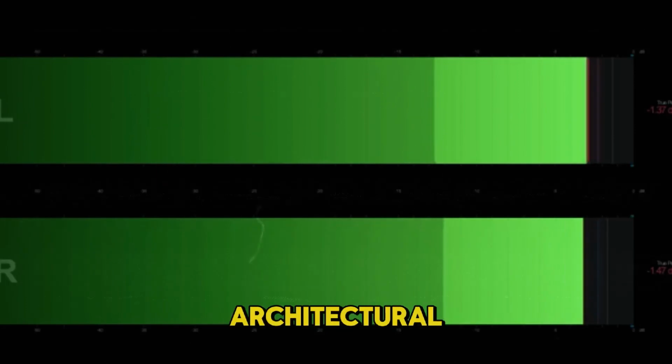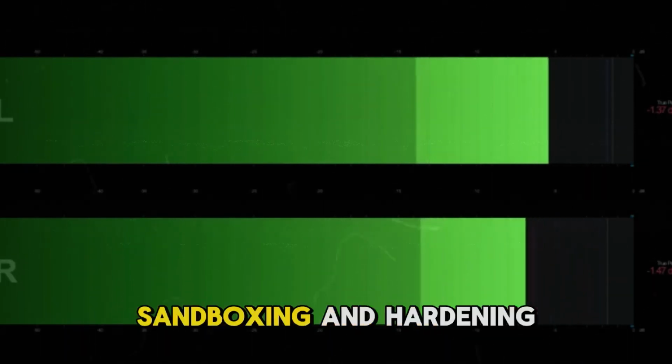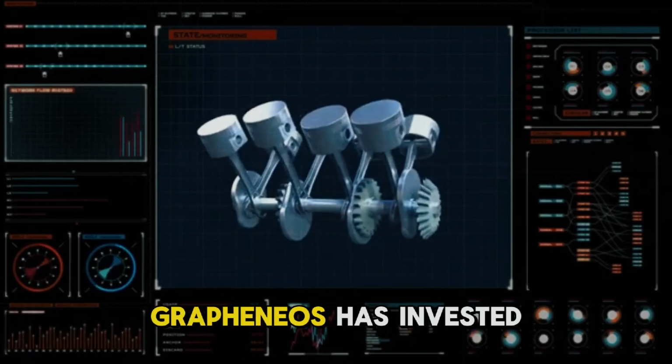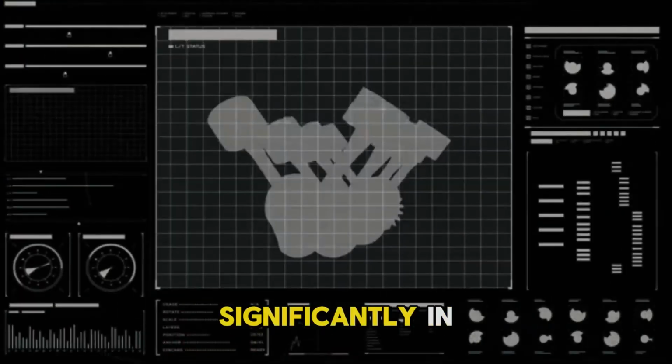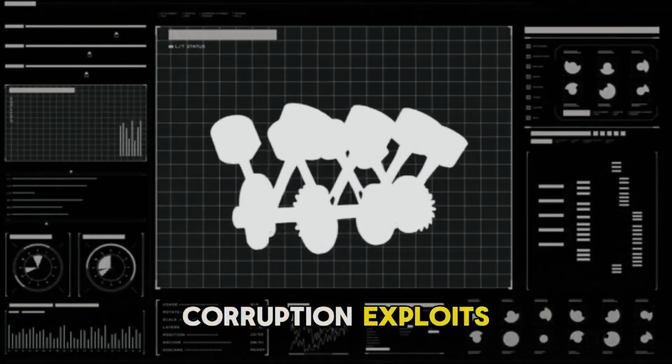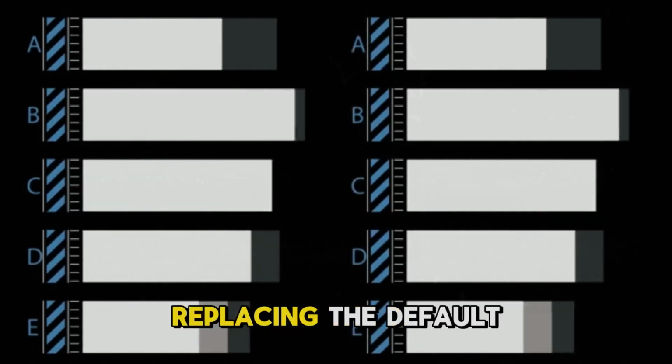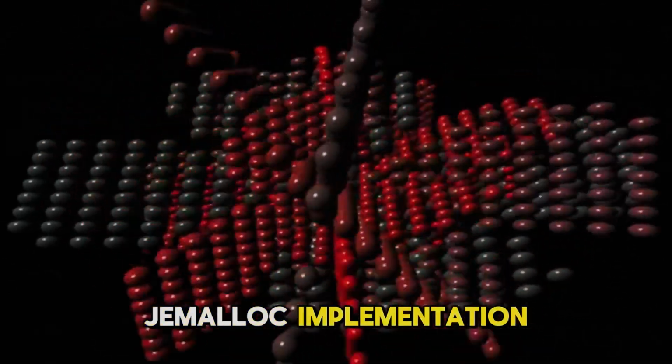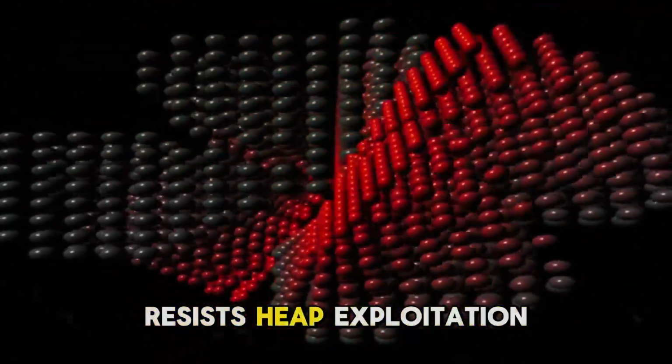The second major architectural divergence is in application sandboxing and hardening. GrapheneOS has invested significantly in modifications to the Android runtime to harden against memory corruption exploits. They have implemented a hardened memory allocator, replacing the default Jemalloc implementation with a custom design that resists heap exploitation.